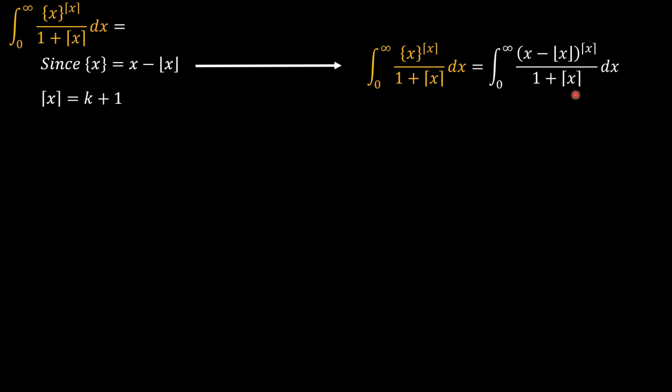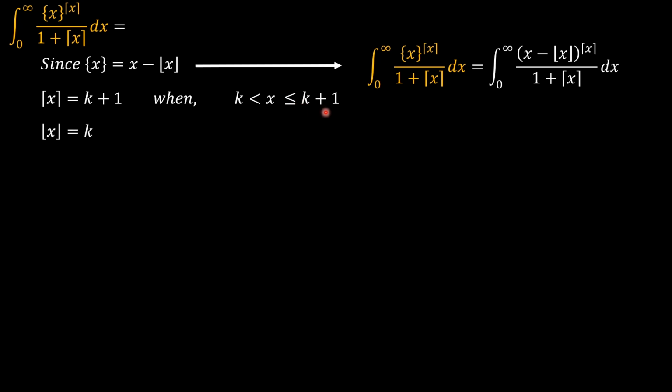Something notable here is that the ceiling of x is the integer right above x. In the event that x lies between k and k plus 1, the ceiling of x is going to be equal to k plus 1, when x is greater than k but less than or equal to k plus 1.